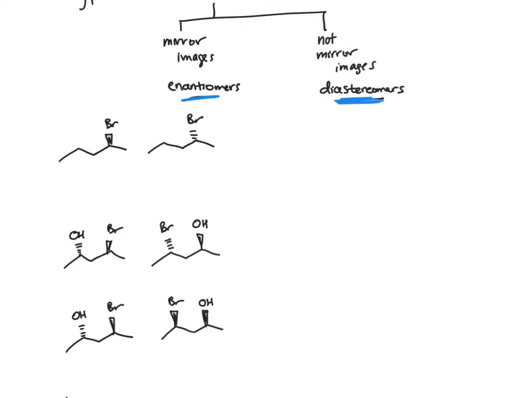At first, the molecules may not look like mirror images, but you have to consider all rotations of these molecules. So let's rotate that second molecule and see if it looks more like the first. Just rotating it in the plane of the page. And now what I hope you can see is that between these two molecules, there is a mirror. So these are enantiomers.